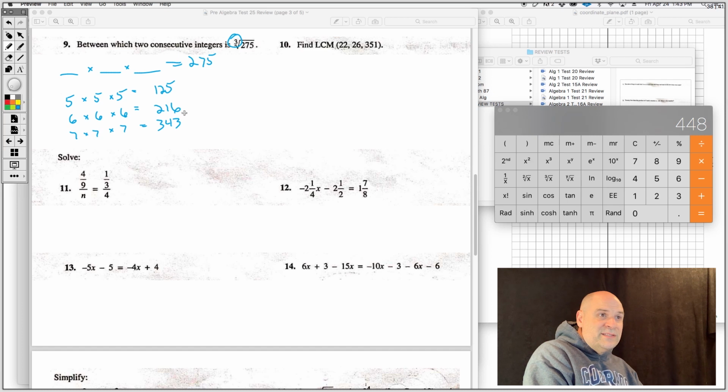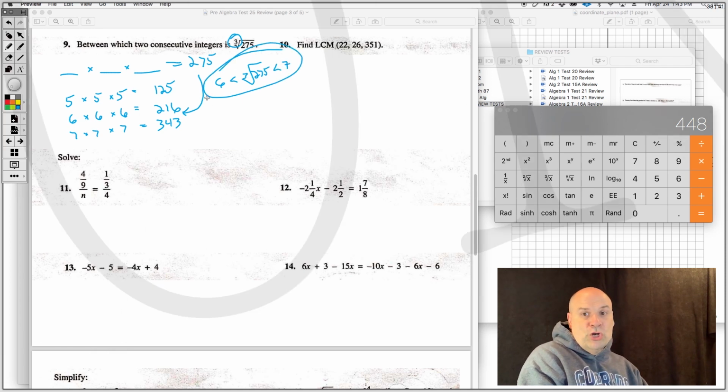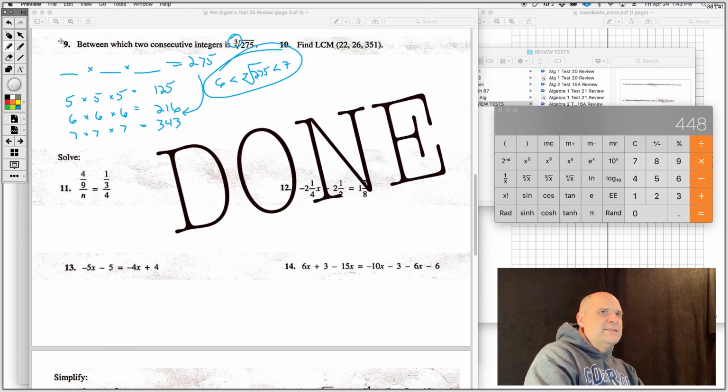Ooh, look, it's somewhere in between there. So it looks like it's in between 6 and 7. So you can just say in between 6 and 7, or you can do what the cool kids are doing and say the cubed root of 275 in between 6 and 7. Boom.